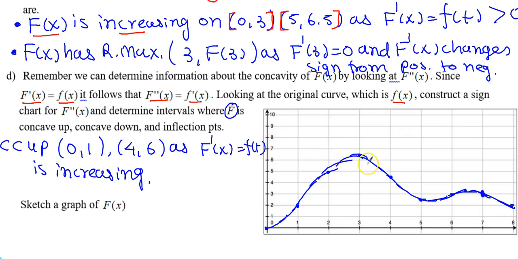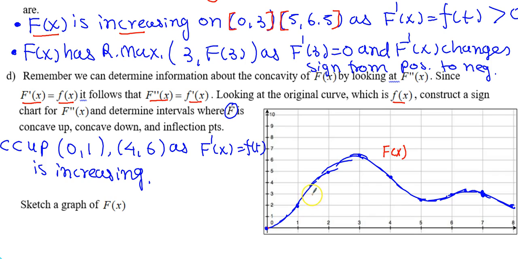So if we put all those informations together, this is going to be the graph of f of x. Where did I get all these points from? I just plot those points from the table. The first table is 0 is a 0.